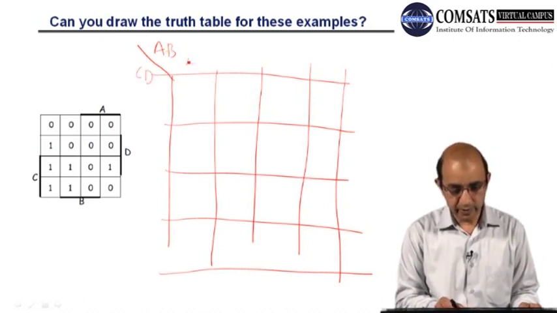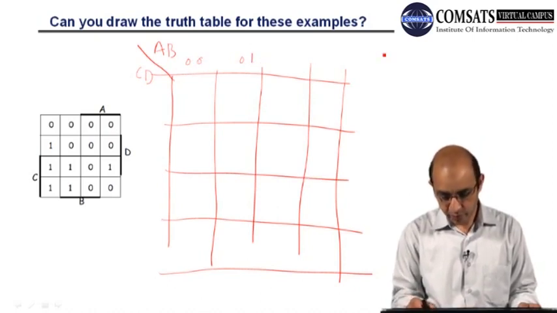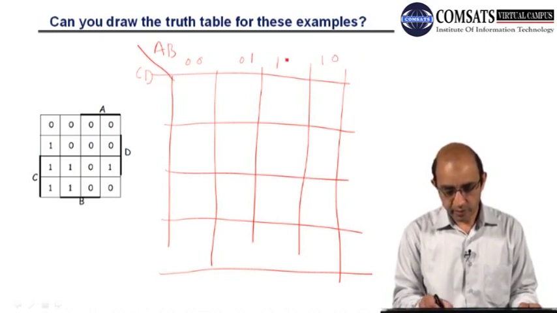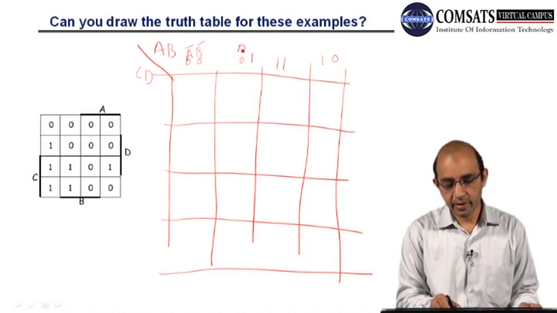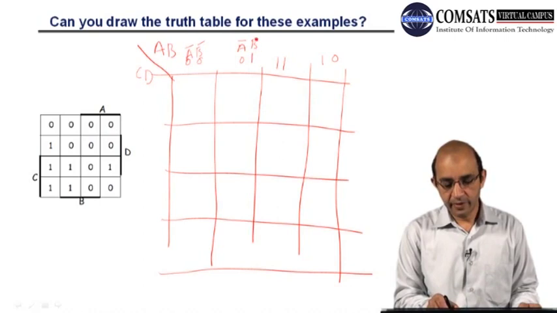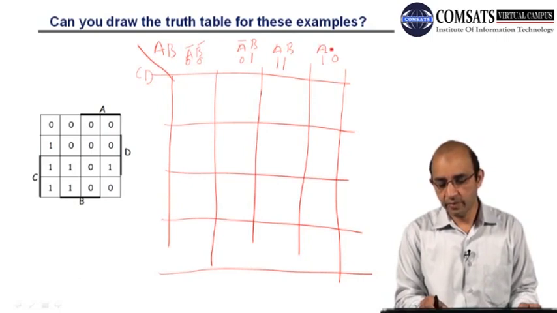So we will be having 0, 0, 0, 1, and then we will switch over here, so we will be having 1, 0, 1, 1. If I have to write here, A bar, B bar, and I will replace with A bar whenever I see 0. So here we have A, B because both are ones, and here we have A, B bar.